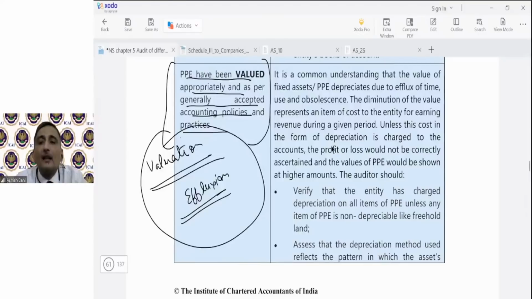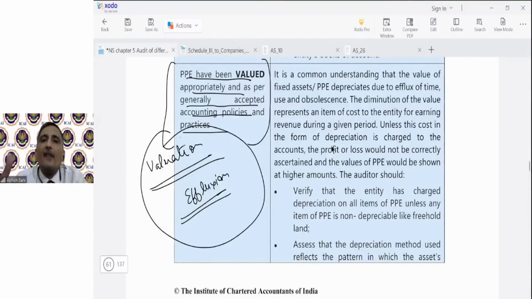So students, depreciation is the systematic allocation of the depreciable amount. So what is depreciable amount? Depreciable amount, as you have read in AS10, is the cost less realizable value, which is to be spread over a number of years.